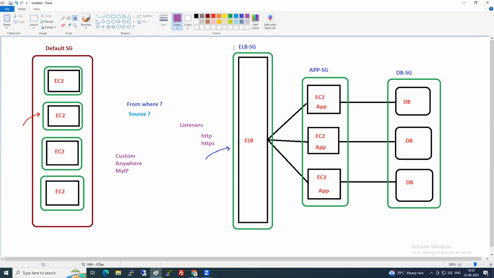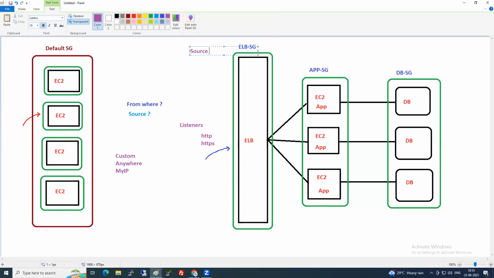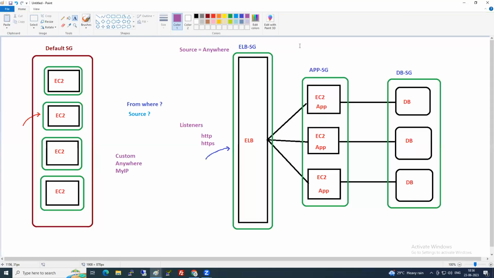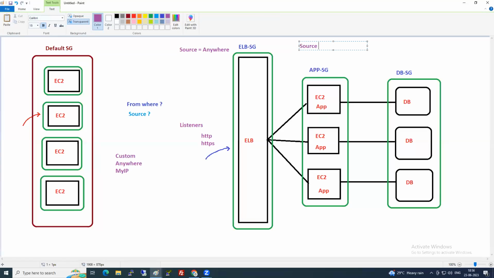Now, for the load balancer, the source is Anywhere. For app SG, we use Custom. Where should the traffic come from? From the load balancer.